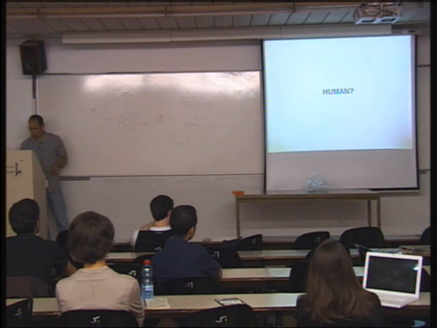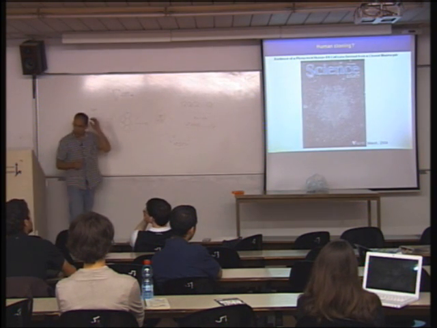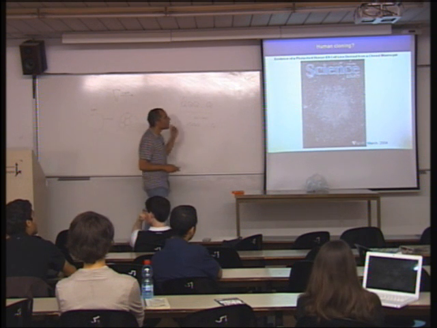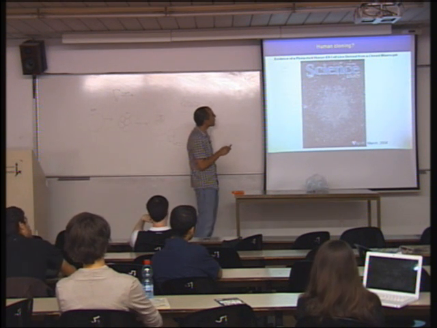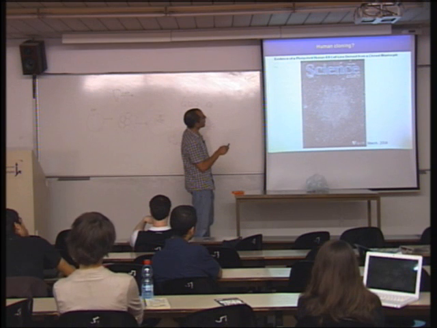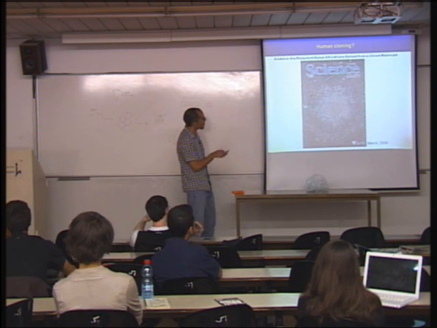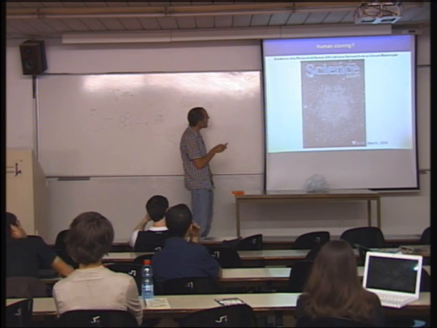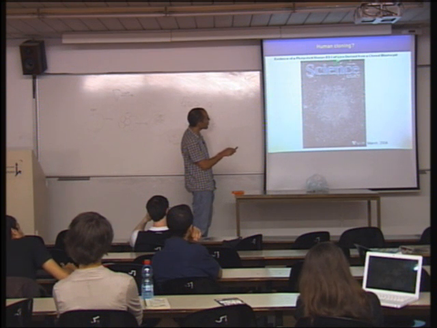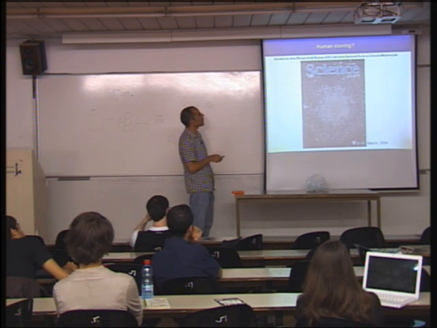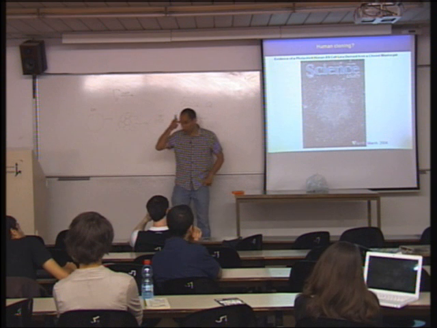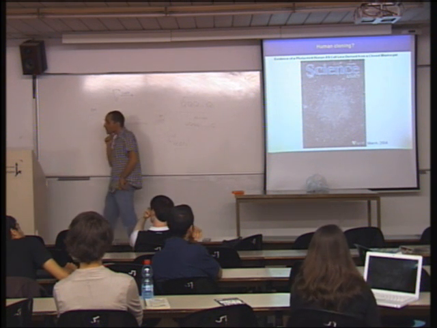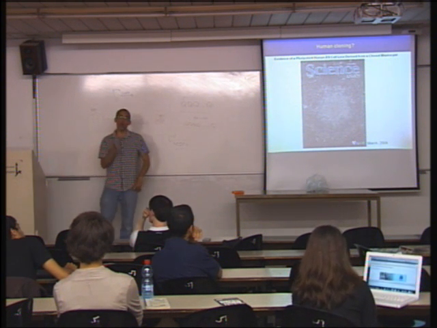And indeed, so what's with human cloning? In March 2004, a Korean group published this paper which appeared on the cover of Science, evidence of a pluripotent human embryonic stem cell line derived from a cloned blastocyst. This was the first successful attempt of human cloning.